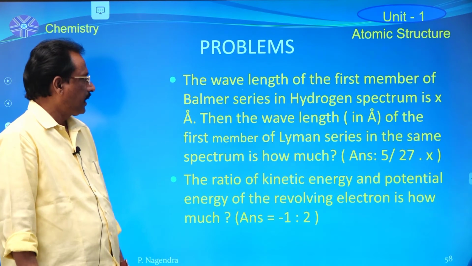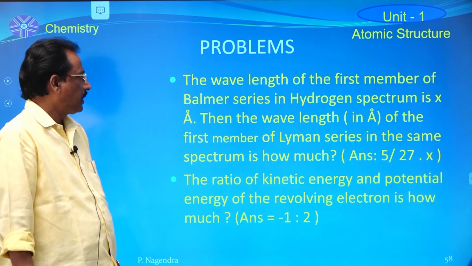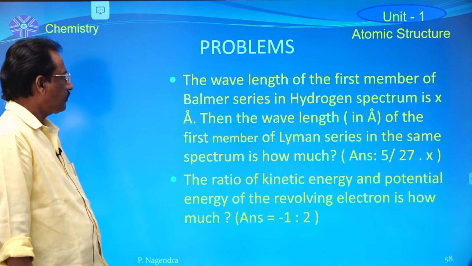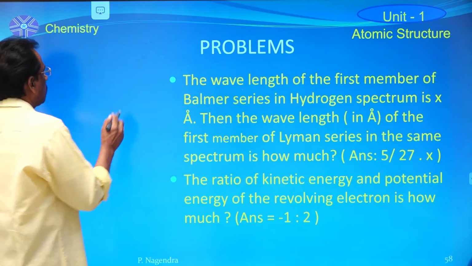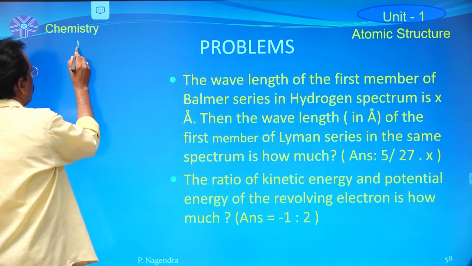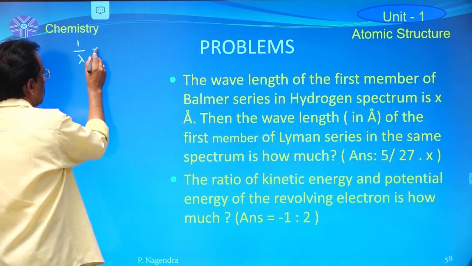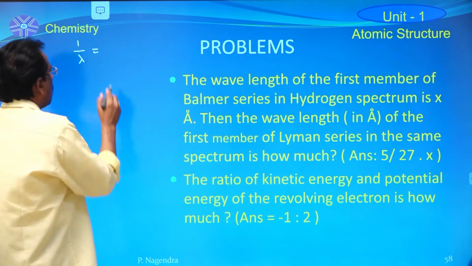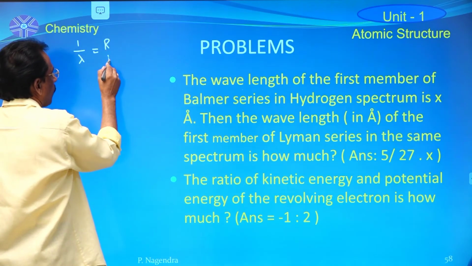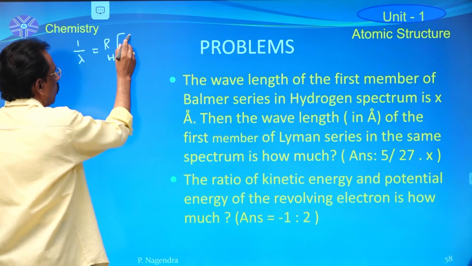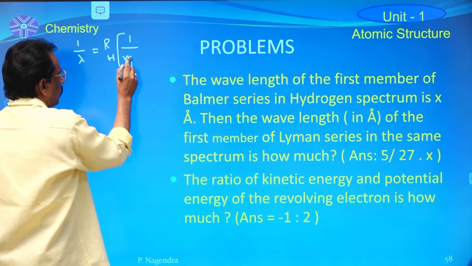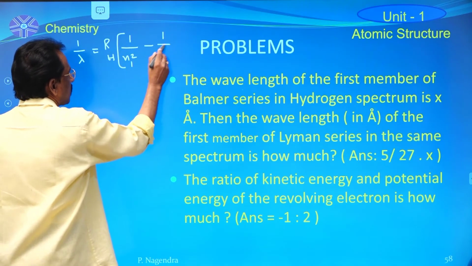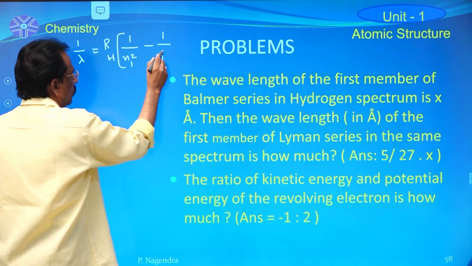Now apply Rydberg's equation. This is Rydberg's equation. 1 by lambda is equal to RH into 1 by n1 square minus 1 by n2 square.